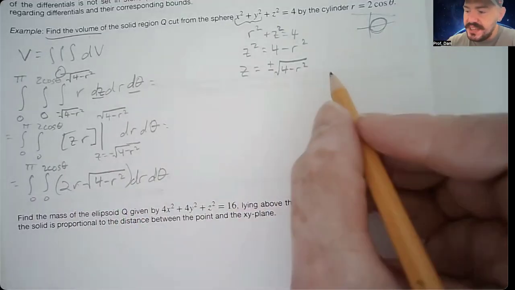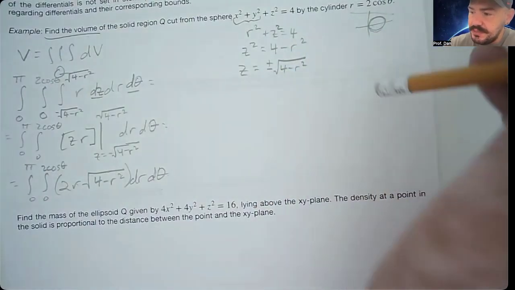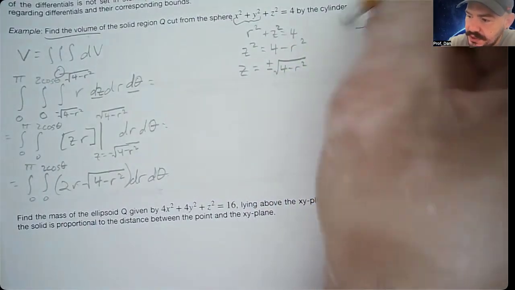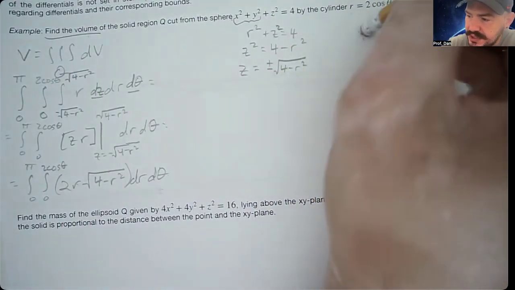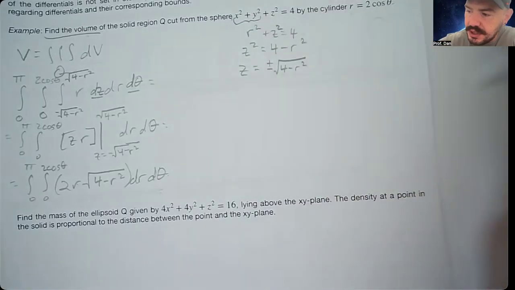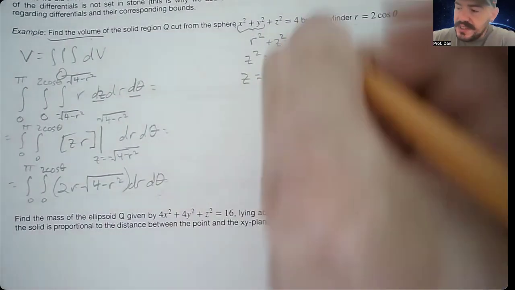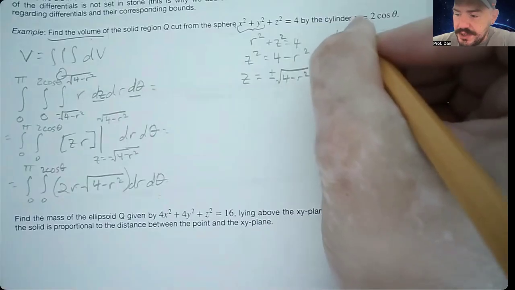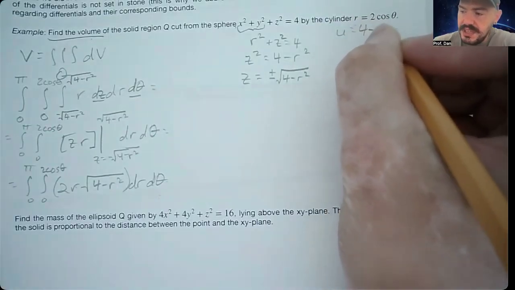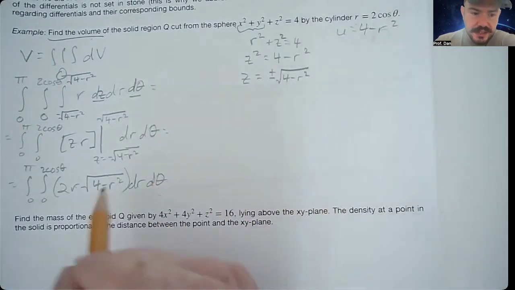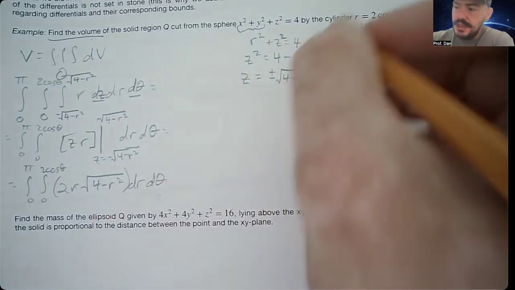So off to the side, I'm going to erase this circle so I have space. Okay. So off to the side, I'll set up my U sub. I'm going to let U be equal to the radicand, the thing under the square root.